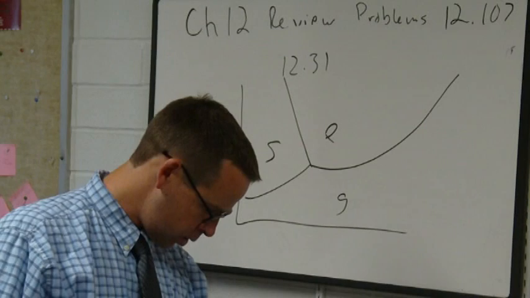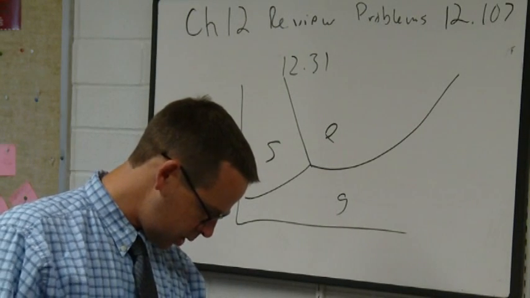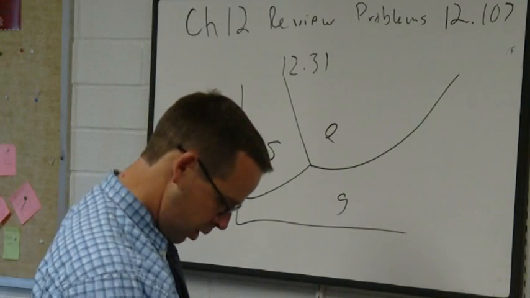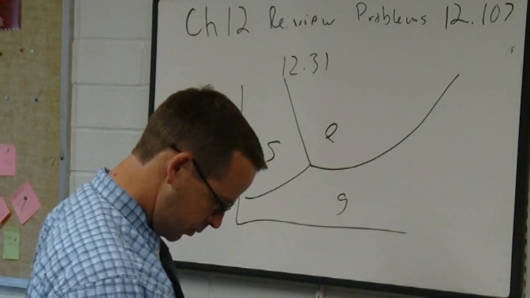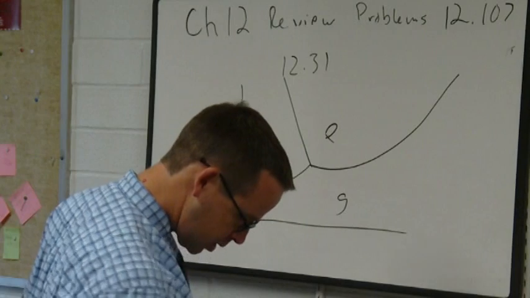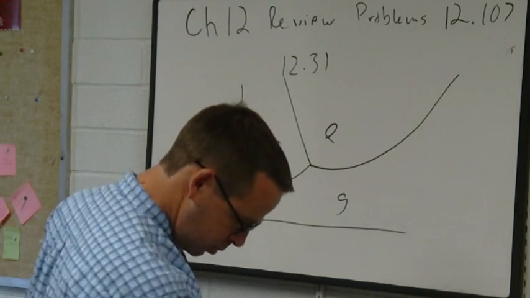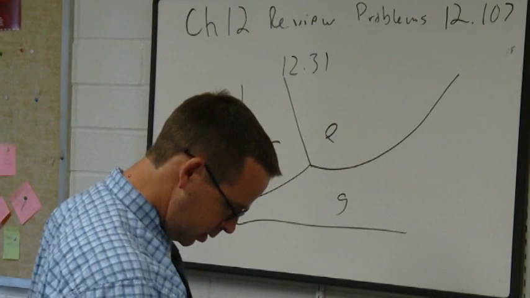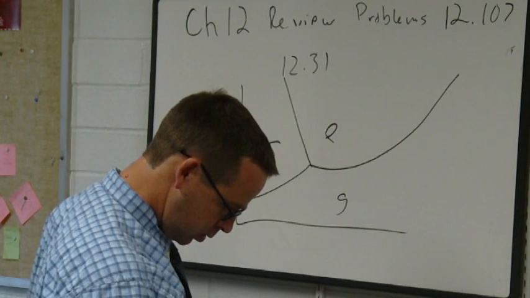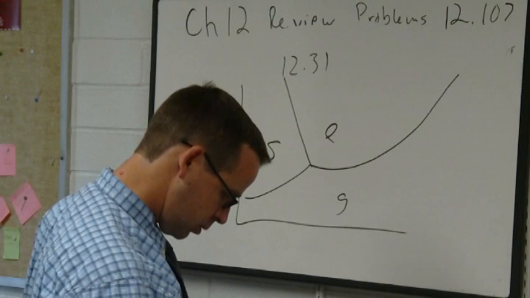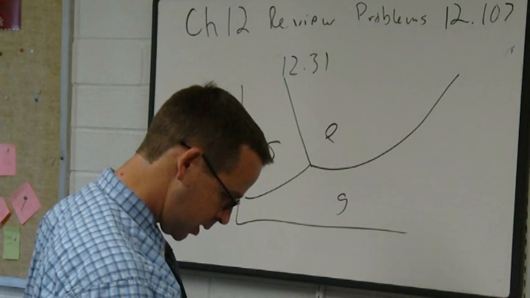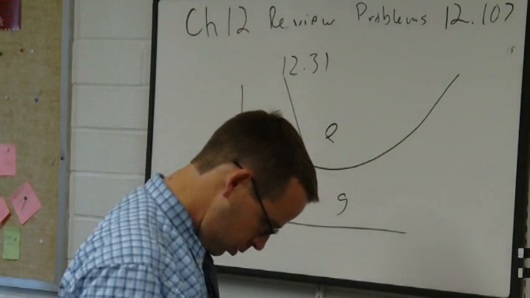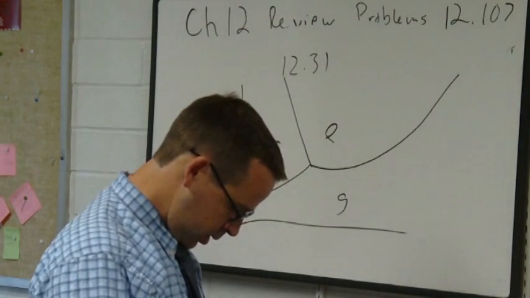12107, according to the figure, what phase should exist at minus 60 degrees Celsius and 6 atmospheres? So at minus 60, we're going to be behind the triple point, and at 6 atmospheres, we're going to be a solid, right?